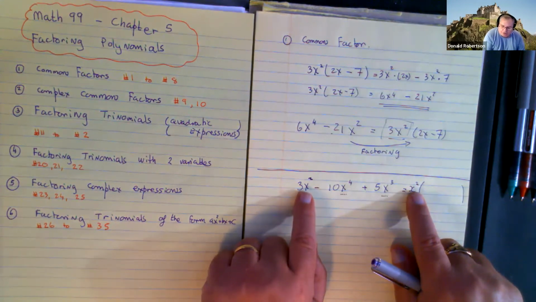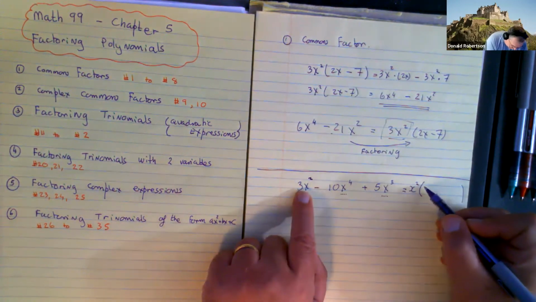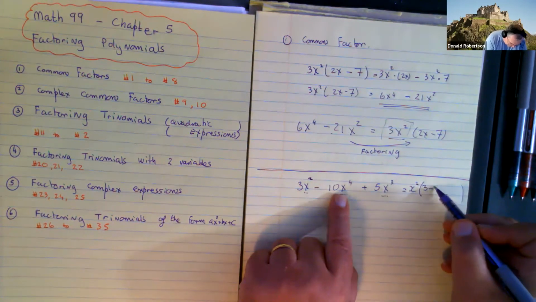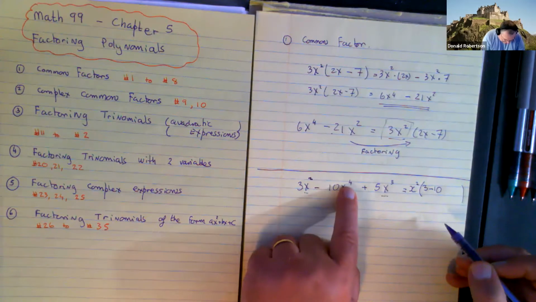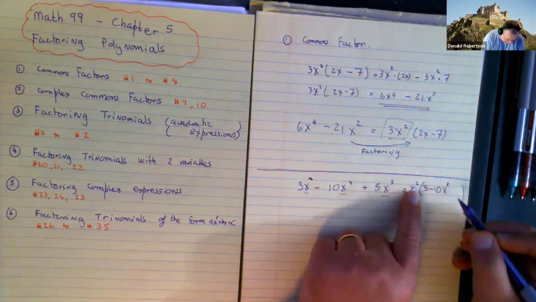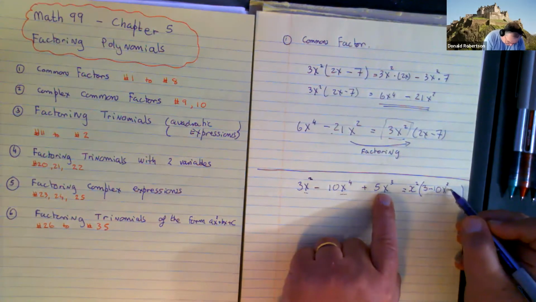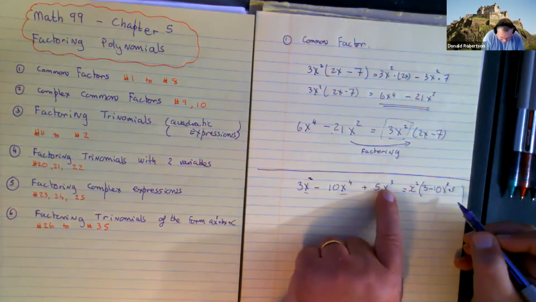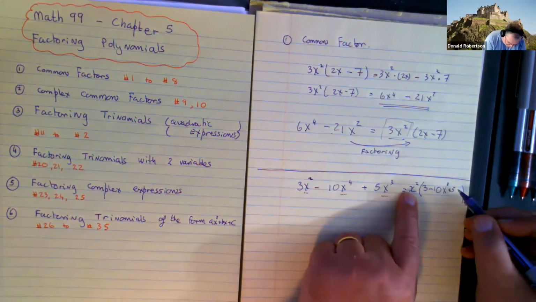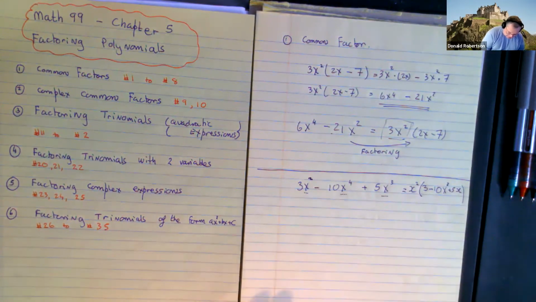So 3x squared, you're left with 3. If you do x squared in this guy, you're going to get negative 10. You've got x to the 4, but you're going to use up 2 of them, so that gives me x squared. And this one, you're going to get a 5, and x cubed divided by x squared, or if you want to say use up, which I use a lot, you get x, and there's your answer.